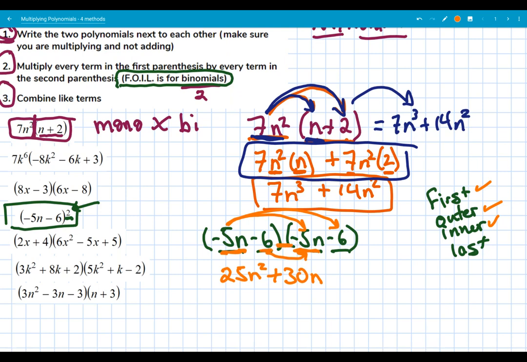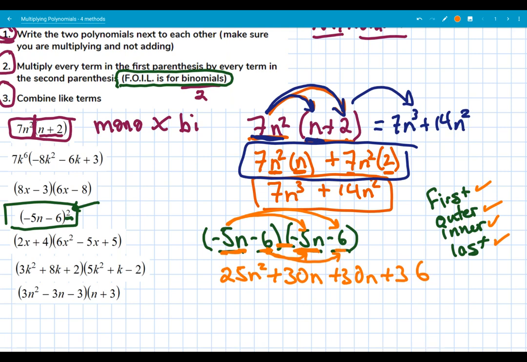So this negative 6 times negative 5n. Negative 6 times negative 5 is positive 30 with an n. Okay. And last, we're going to do the last one now. The 6 is the last one in the first parentheses, and the negative 6 is the last one in the second parentheses. Negative 6 times negative 6 is positive 36.